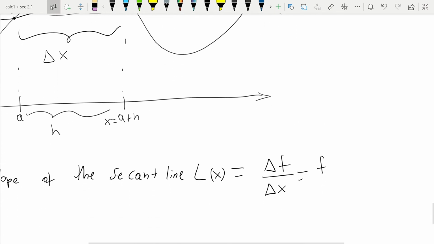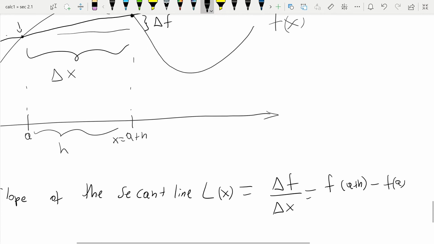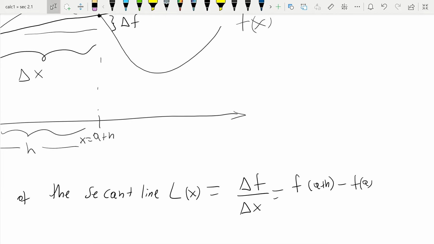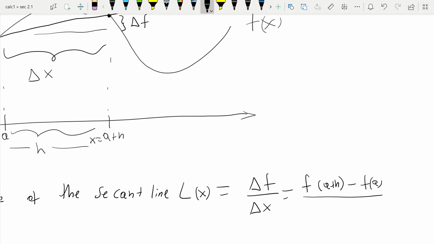So it is equal to f of a plus h minus f of a, and delta x is just h. It's given by h because it's what we added to a to get the new point a plus h. Right, so this is the slope of the secant line.